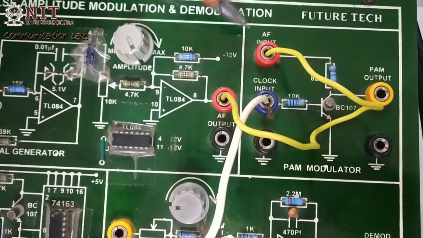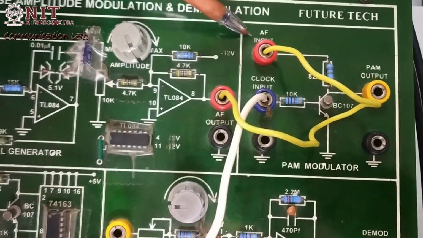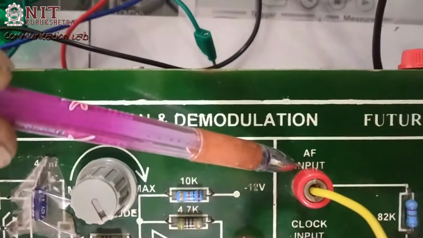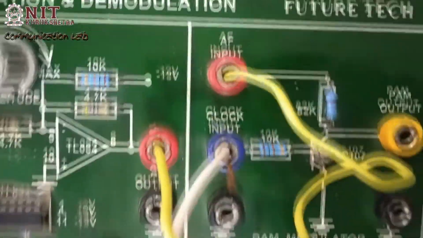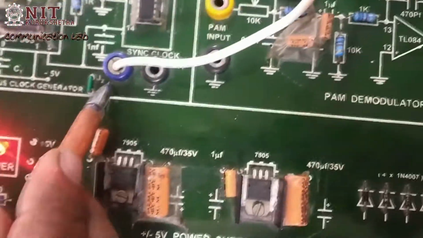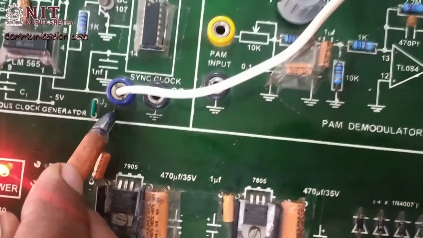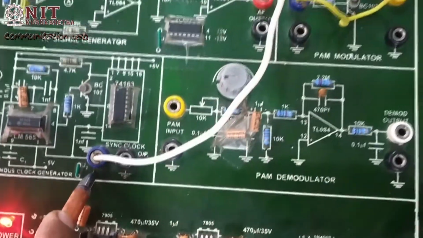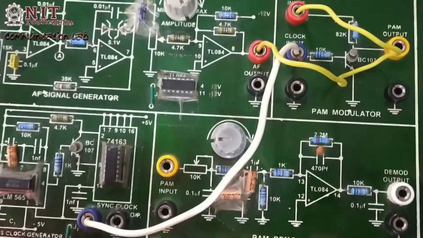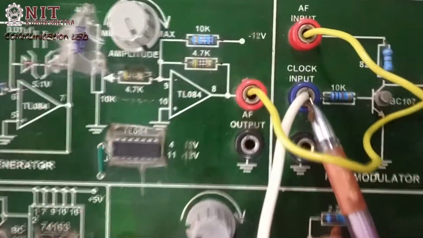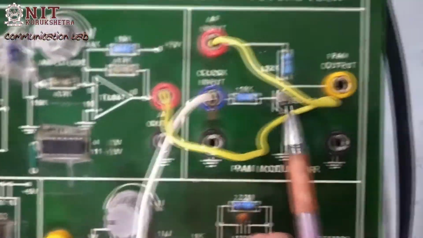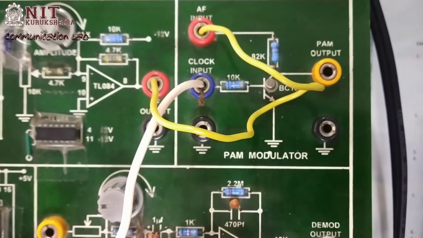This is the input for modulation. And this is my clock that I have already told you, 1.3 kilohertz, 4.1 peak to peak. This is the clock input, and this is the transistor used for modulation.